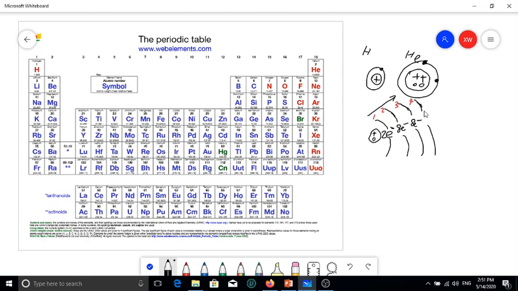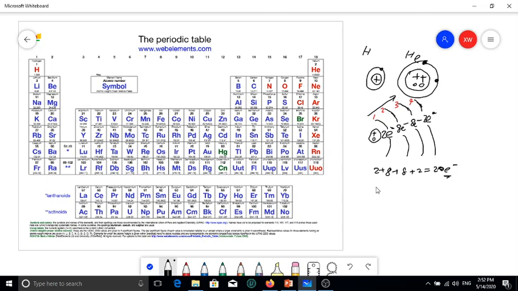And the fourth layer can hold more than 8 electrons, but we're not going that far. We're going to stop at 2 electrons. So in total we're looking at up to 2 plus 8 plus 8 plus 2 equals 20 electrons. In other words, we ought to be able to draw the atomic diagram up to 20 electrons.